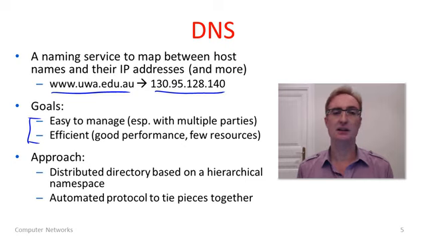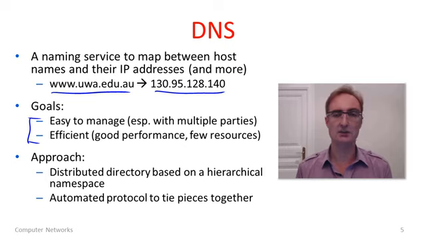We'd also like the domain name system to be efficient. Here efficient means a few different things. It means good performance so that we can map quickly between host names and IP addresses. This is necessary because the first time you contact a site, for instance, you'll need to work out its IP address to contact the server and retrieve a page from that site. So any latency here is contributing to latency as you surf the web. It's adding to page load times.